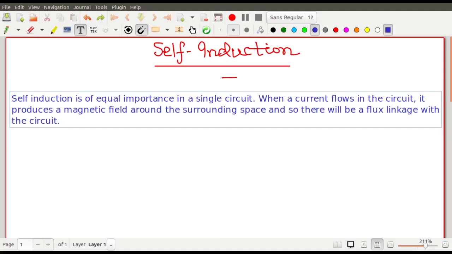If the current through the circuit varies with time, let me first write, then I will explain.